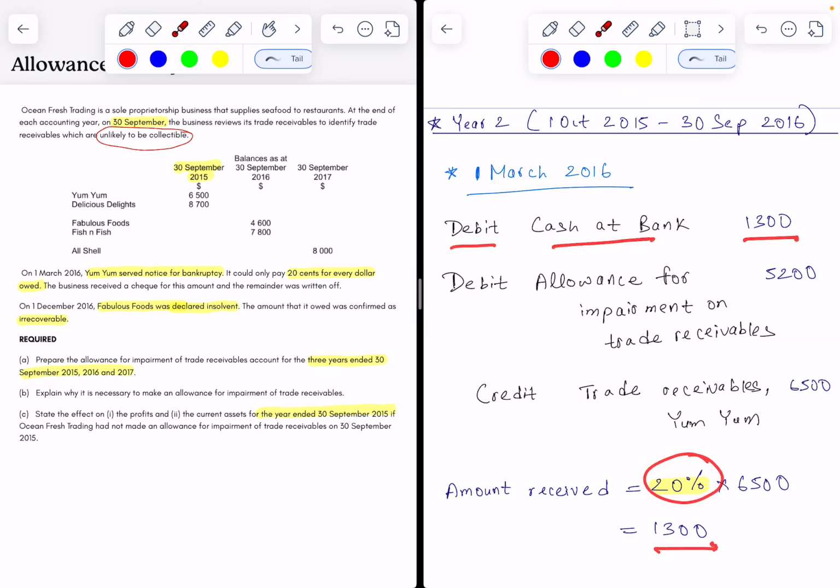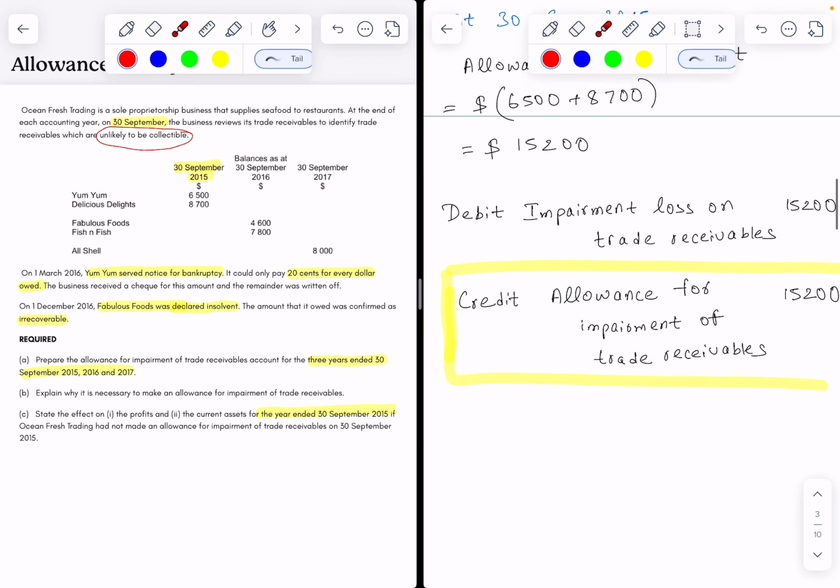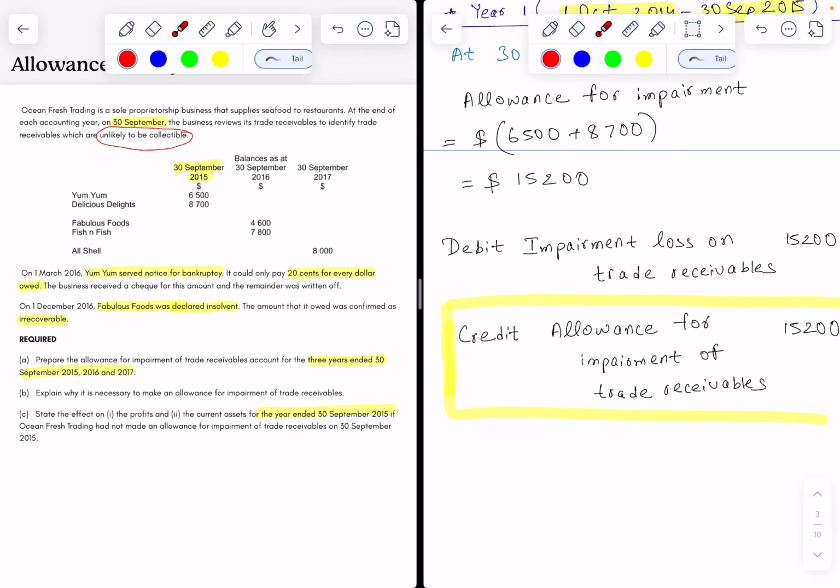Okay? Now, you know that the allowance for impairment of trade receivables is an account where we store the likely amount of uncollectible debts from our credit customers, right? Originally, we had 6,500 plus 8,700 from the end of the first year, which was $15,200 that we have stored as a precautionary measure in this account, right?